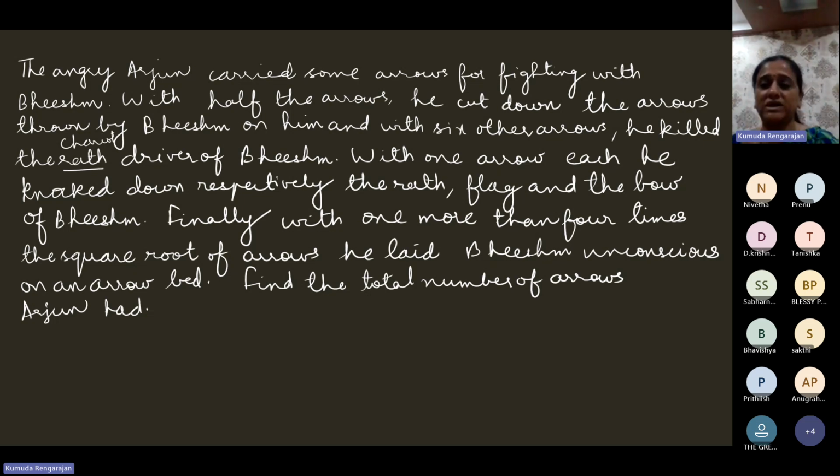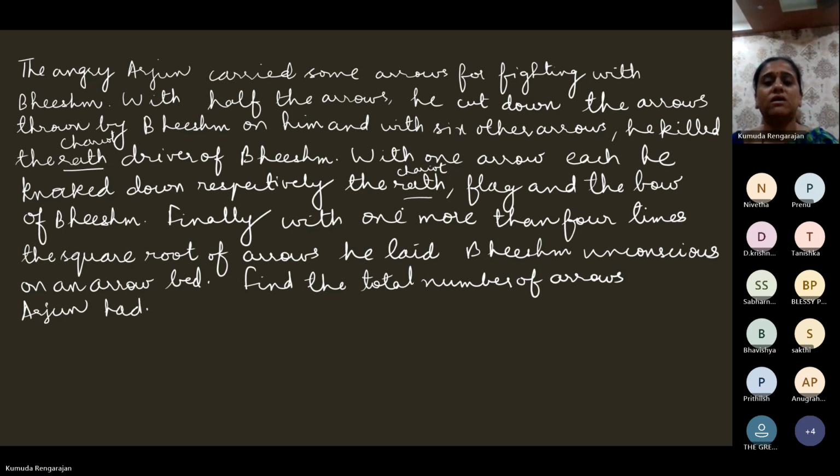With 1 arrow each, he knocked down respectively the Rath, that is the chariot, flag, and the bow of Bhishma. So with 1 arrow, he knocks the chariot of Bhishma.